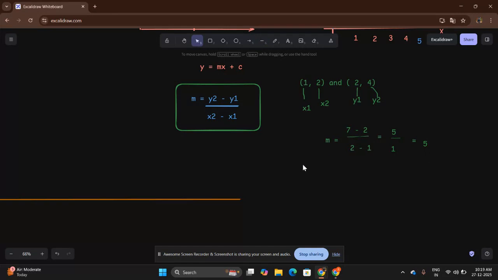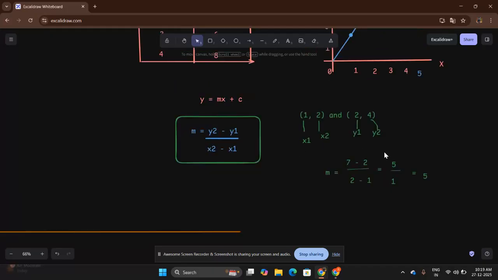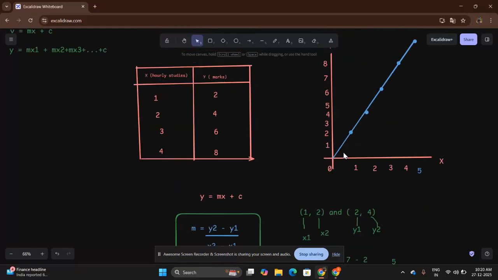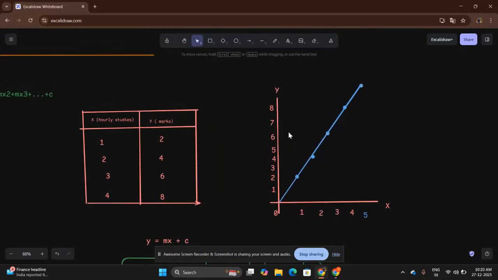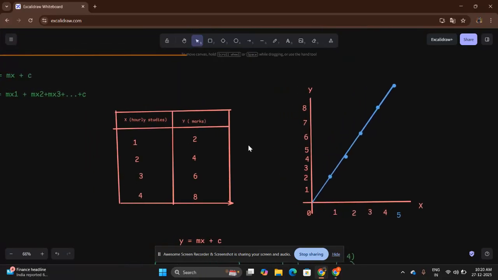So likewise, in the background, the calculations happen in this way, and the slope helps to draw the best fitting line between the data points. So likewise, we can predict the future outcomes based on the given data set.